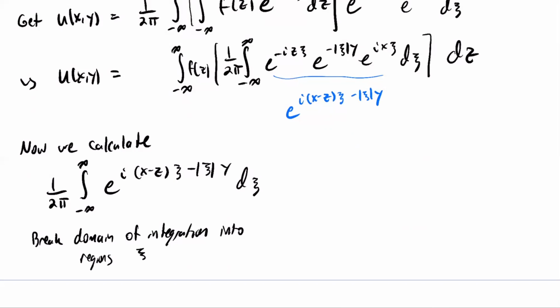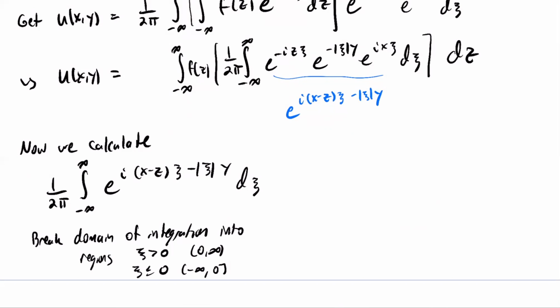Right, so I want to look at regions where c is bigger than 0 and where c is less than or equal to 0. So the first is integrating from 0 to infinity, and the second, you'll integrate from minus infinity to 0. And if you do this, then on each of these regions, you can just replace the absolute value by either plus or minus c, respectively. And then you can just calculate these.